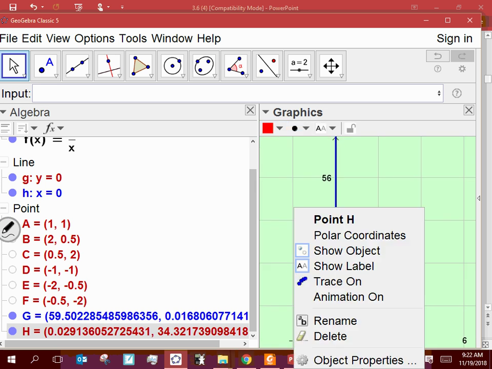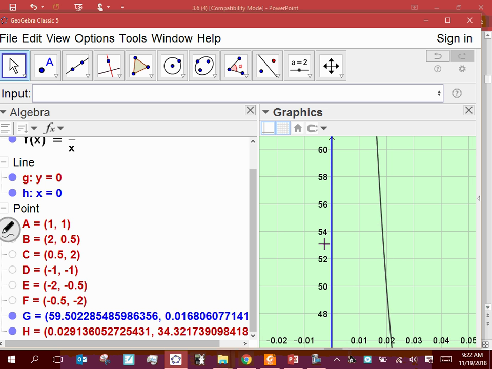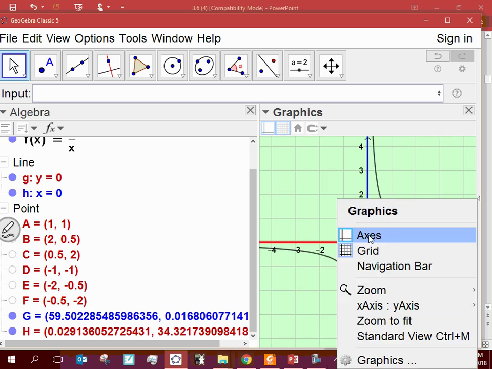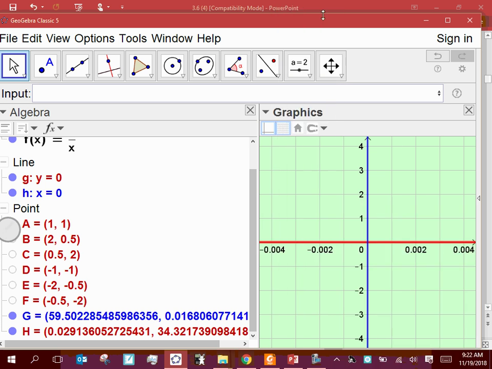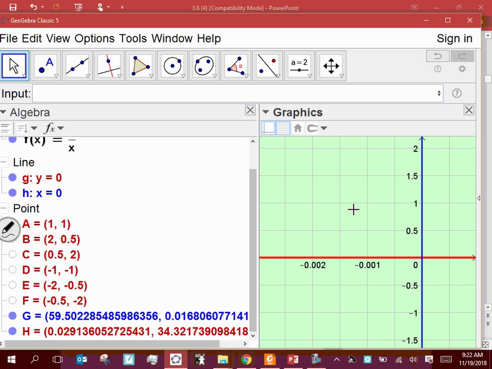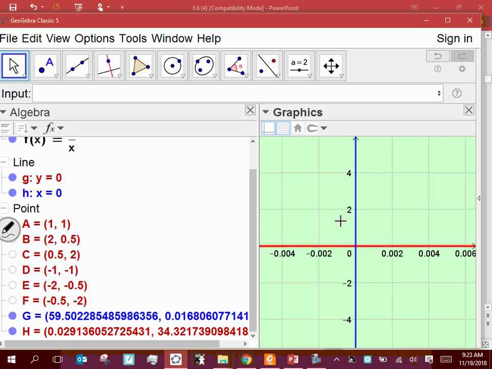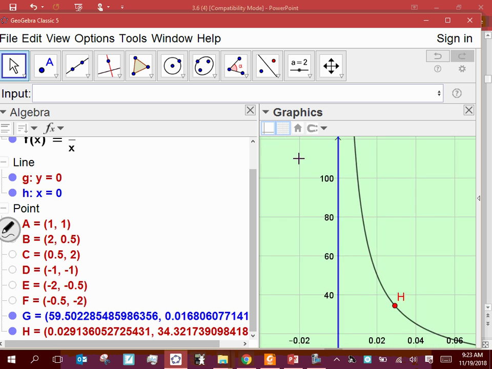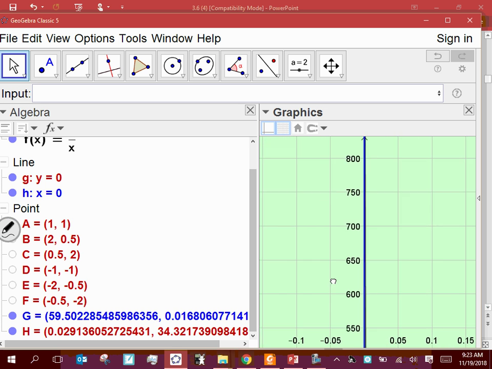If I zoom out, let's see here. All right, so I go up here to a very, very large y value.